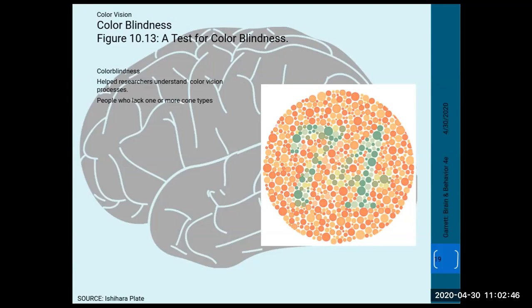So the test for this that the book gives you and the slides is that there is a number in these little circles that create one big circle. If you can see the number on the inside, you don't have color blindness. If it is difficult for you to see the number inside this circle, then perhaps there is some sensitivity and maybe even a lack of cones.